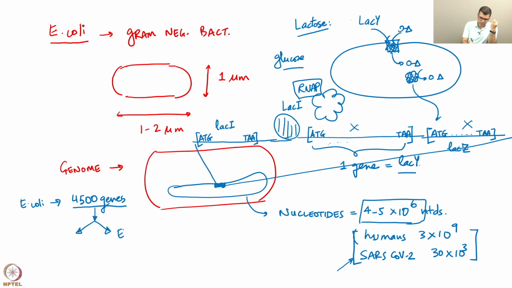One are essential genes, these are always in the on state, which means their transcription is always happening.